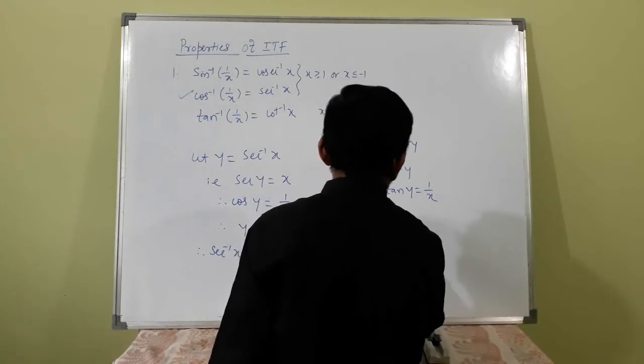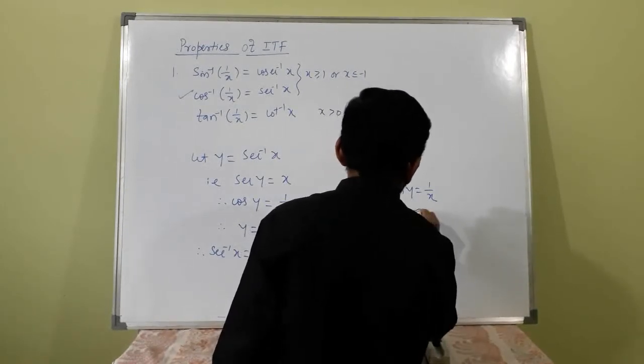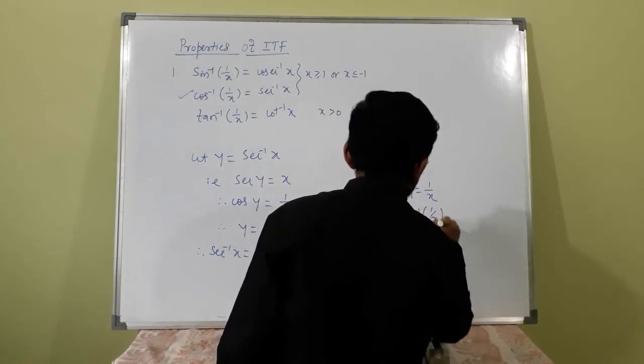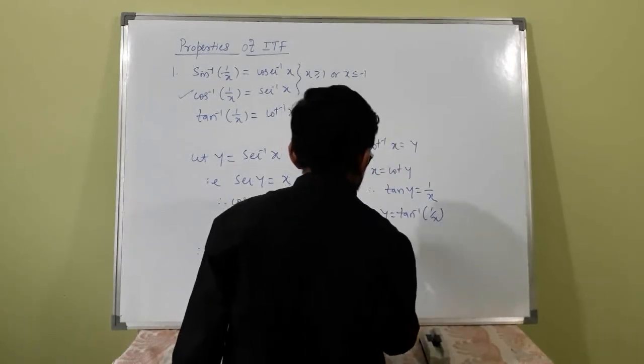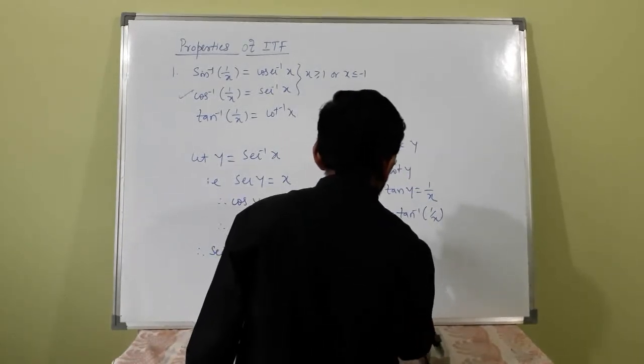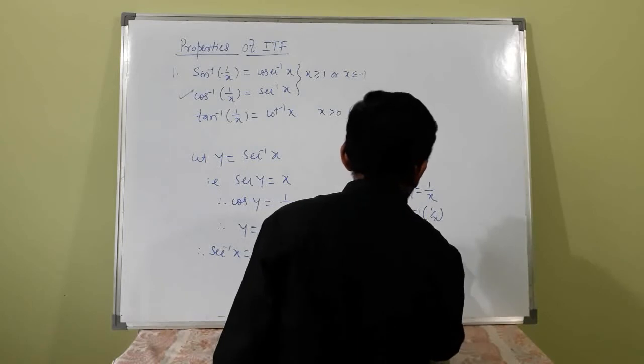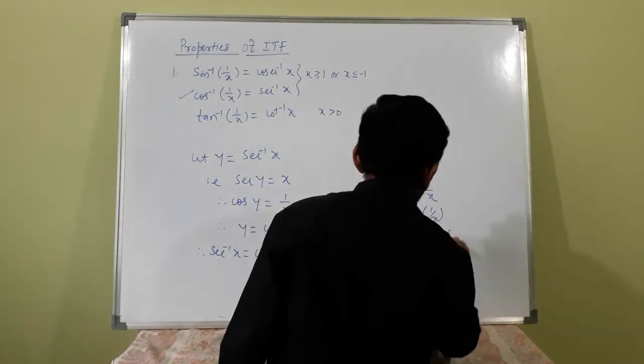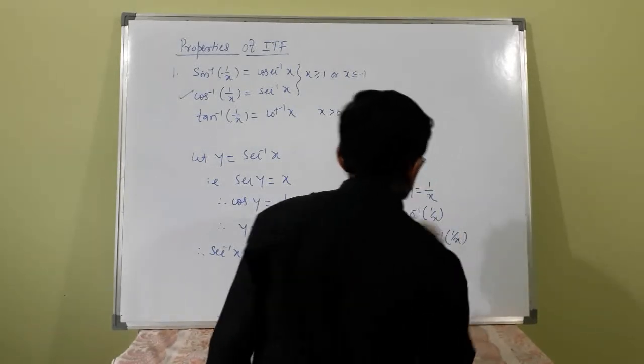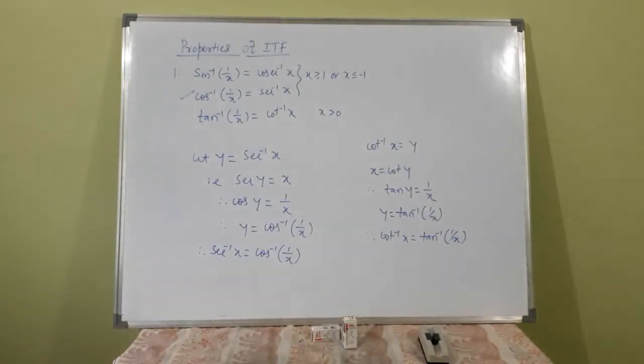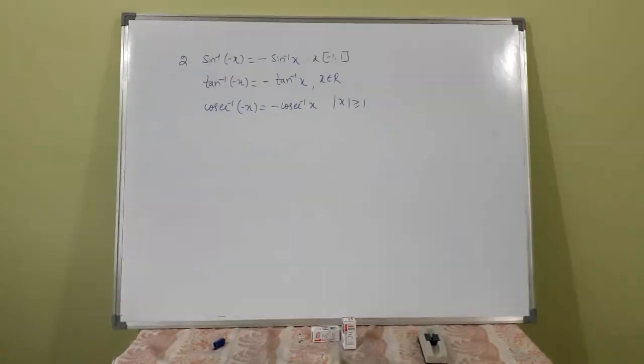So y is equal to tan inverse of 1 by x. Therefore, cot inverse of x is equal to tan inverse of 1 by x. So the first one, you try yourself, same lines.